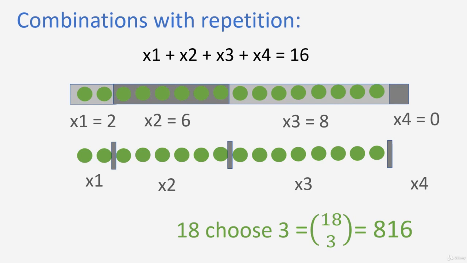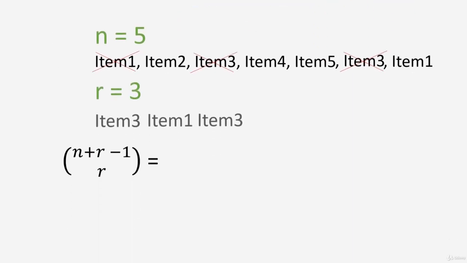So you might notice that we use this formula, n plus r minus 1 choose r. So if I get back to first example, we had 5 items and we were choosing 3. So 5 plus 3 minus 1 will be 7 and r is 3. And that is exactly what we got.